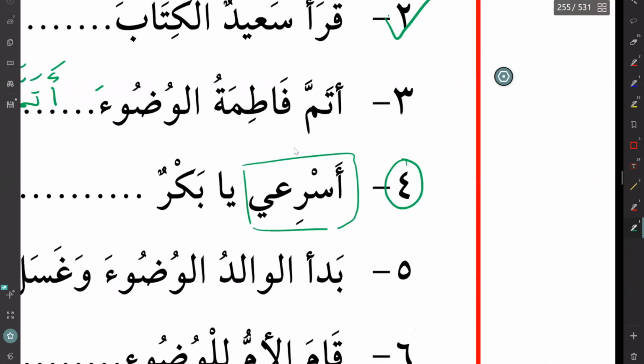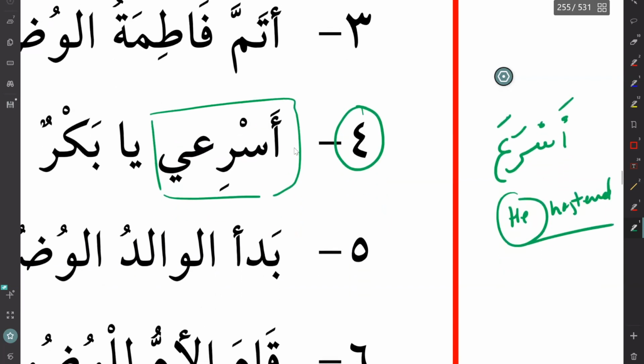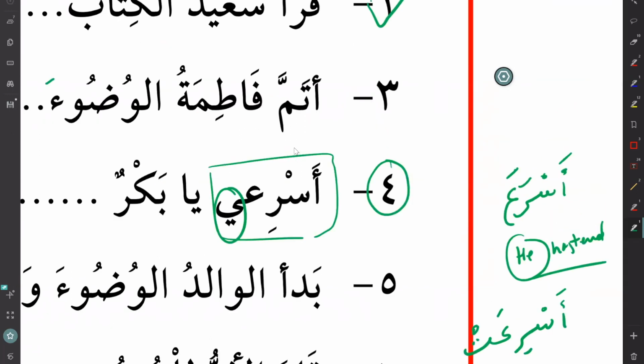Asri'i comes from the verb asra'a, that is, he hastened, in the past tense. So that's for he, and the she would be asri'at. But what's going on with the ya?